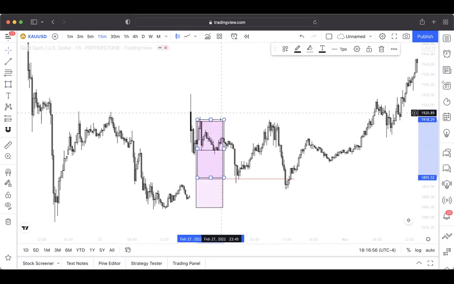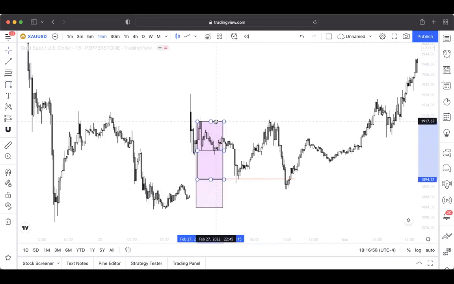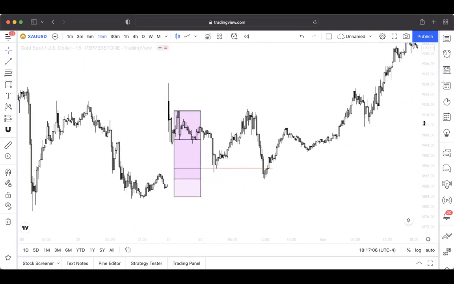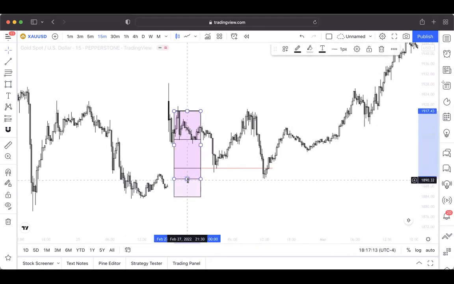So that's also correct. But I never had any problem with going to the wick itself. It's still working. But you have to do some backtesting on this, I guess, because I haven't really cared about whether it's the body or the wick, because it's such a small thing.